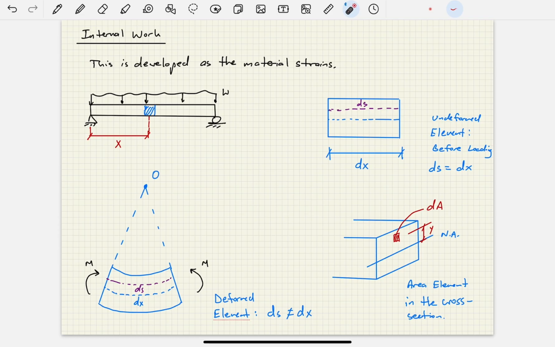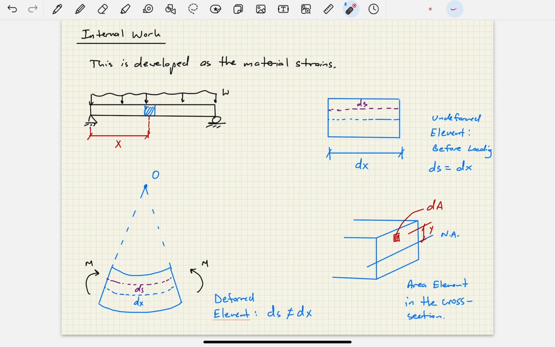It doesn't have to be a simply supported beam. I just drew this for illustration purposes. And let's say that I'm looking at this little element right here, dx, okay? And this little element, this blue element, dx, is located at a distance x away from this left support. So maybe pause the video and sketch this out right now.